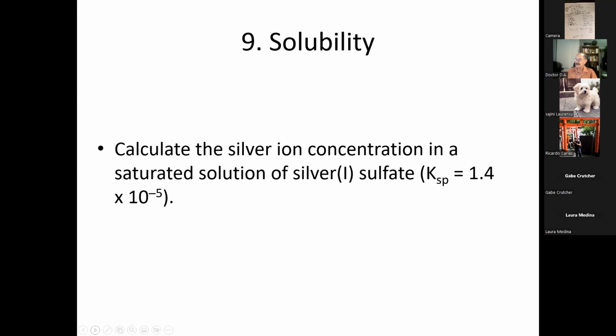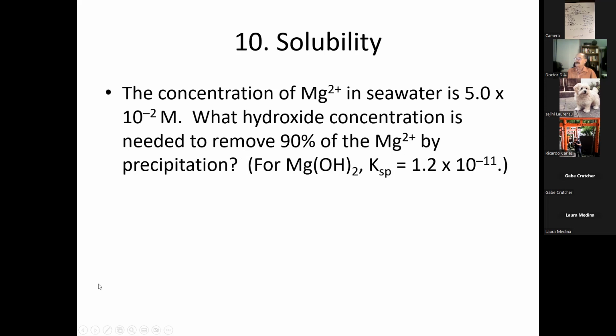This is a typical problem in solubility: if you're given the Ksp, find the concentration of one of the ions, or let's say the concentration of dissolved substance, in other words, the saturation concentration of a substance. And if you are given conditions where one of the ions is a hydroxide, which means it's involved in pH calculations, how does that affect it?